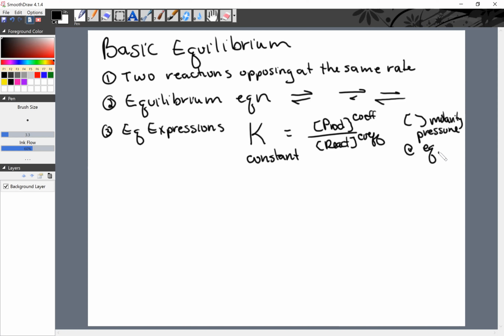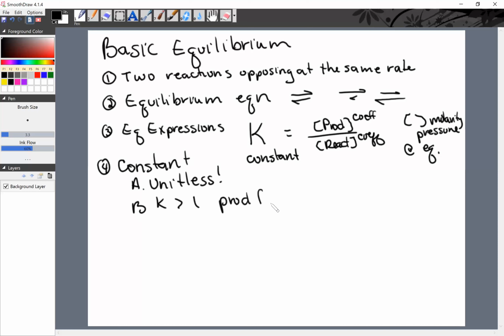All right, what is this K thing? So for the constant, is it unitless? Now remember, in kinetics, the little k, the rate constant, wasn't unitless, but in equilibrium, the big K, the equilibrium constant, is unitless. If it is greater than 1, that means products are favored.